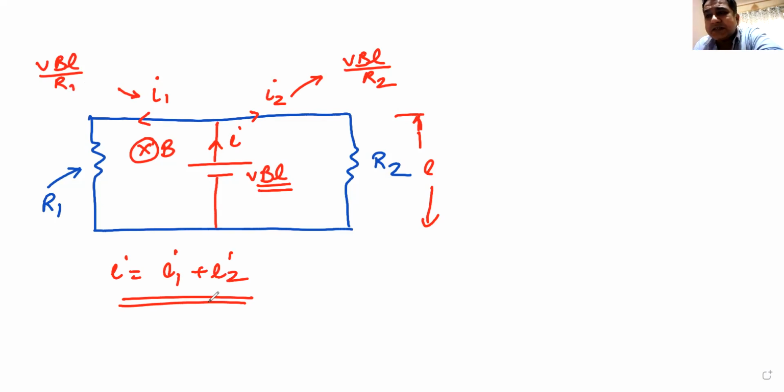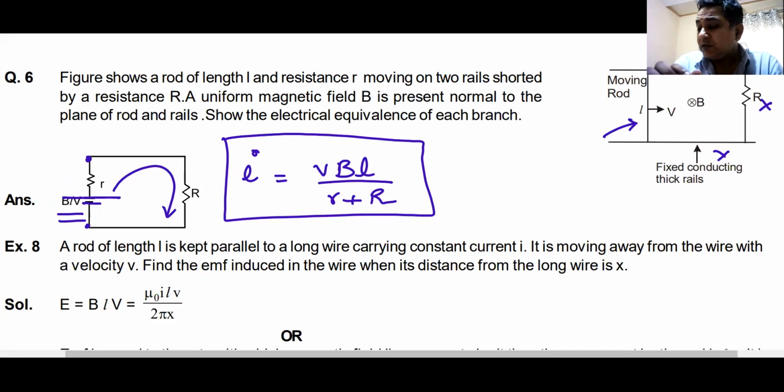Do we understand this? So this is how we can use this principle.